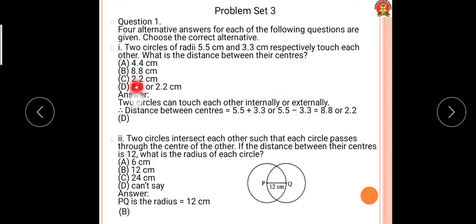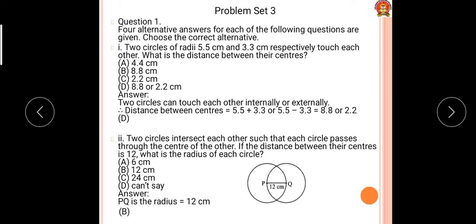If you write only 8.8 or 2.2 and do not mention D, then you will not get the marks. So writing the correct option is compulsory. That is your choice. You can write the answer with the correct option or just write the option. That depends on your choice.